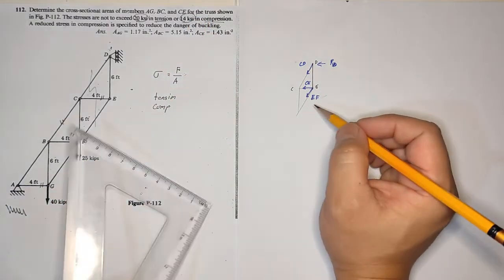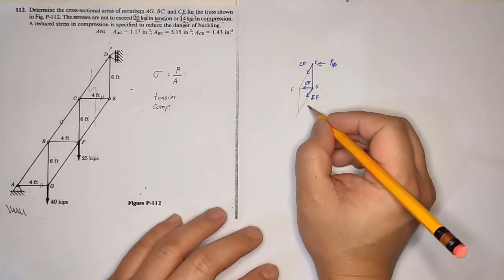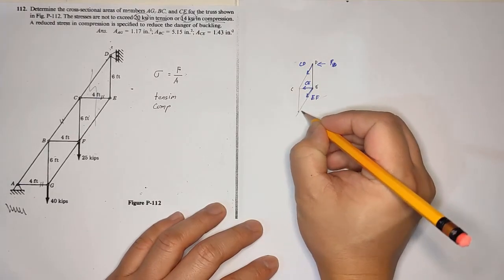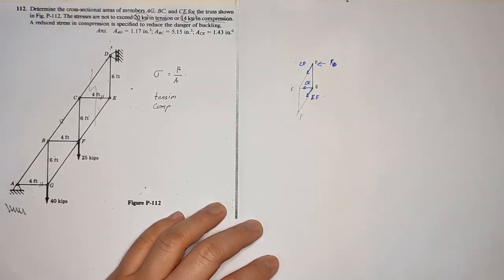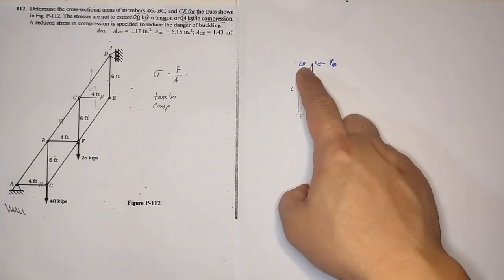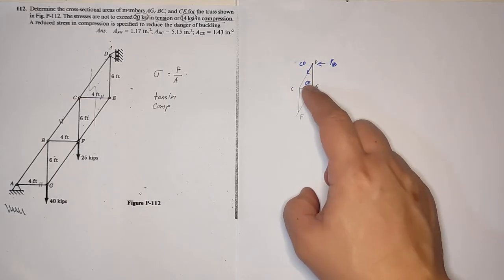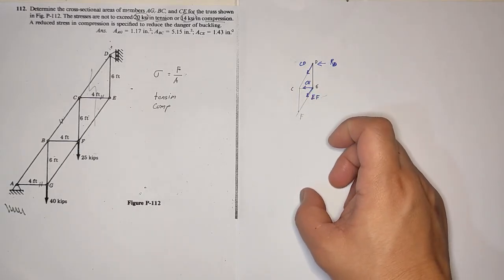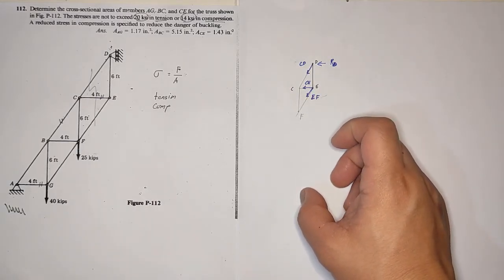Yan. Take note, tinanggalan natin yung member dyan. Nilalagay ko lang yung location kasi kailangan natin later on. This is F. Okay. So, anong gagawin natin? Pwede natin kunin muna yung CD. Kapag nakuha natin yung CD, then pwede tayong mag-moment kung saan man dyan.